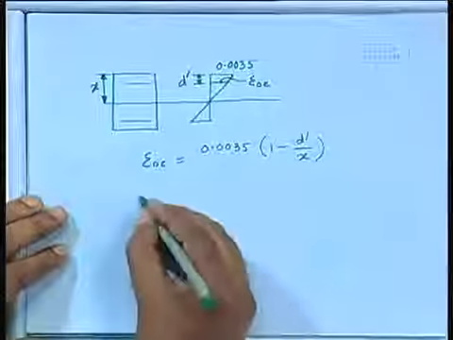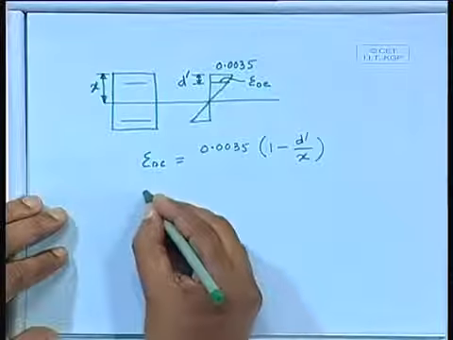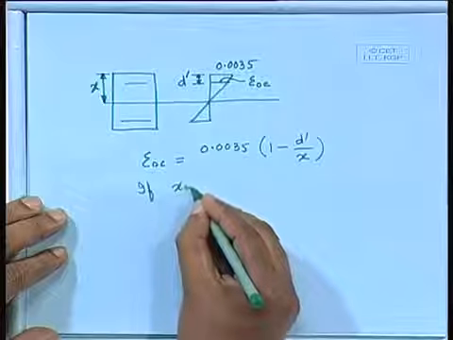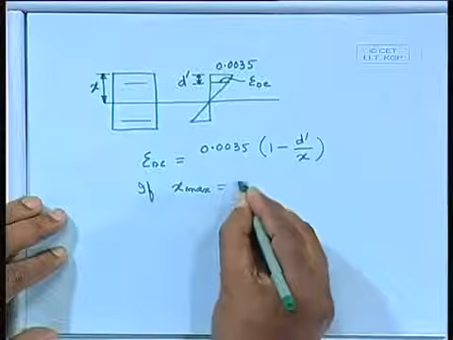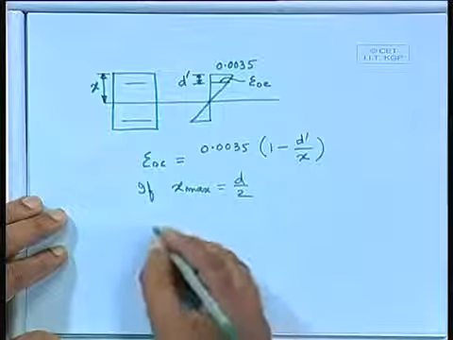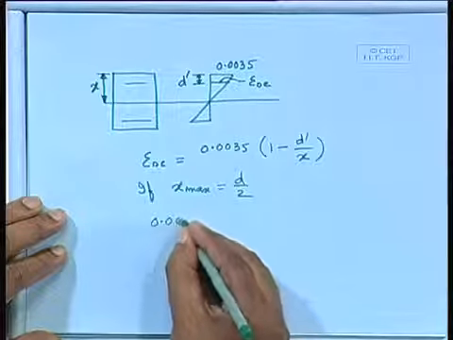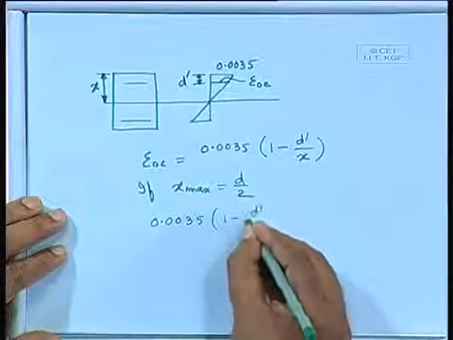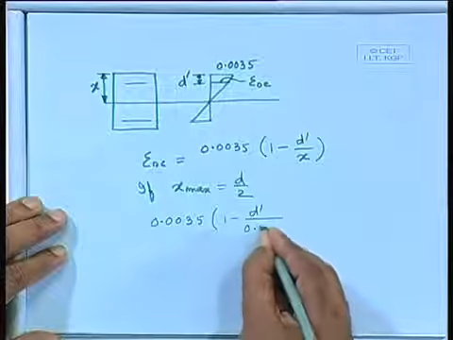If we assume x maximum could be d by 2, we can write d dash by 0.5 d.